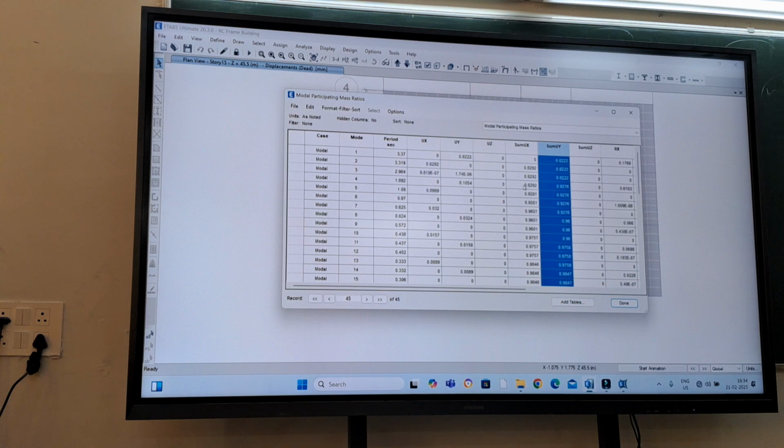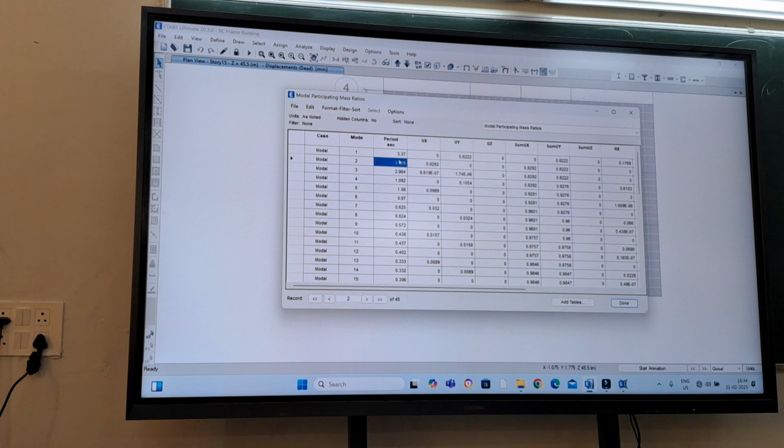So these are the conditions we have to check here, and one more thing is this one. This is the first mode period, and this is the second mode. Second mode means first mode period of the two directions. One is for x, another one is for y, and both should be separated by at least 10% difference.